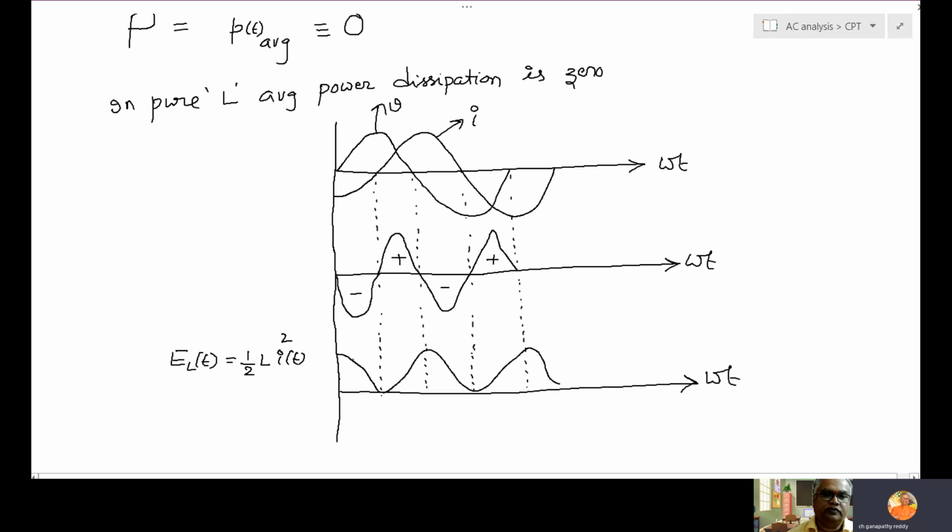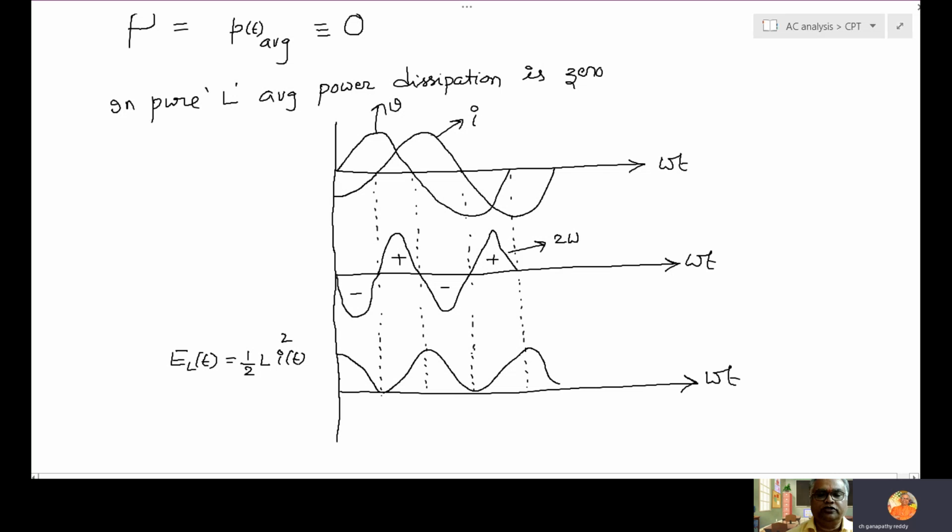Again it's like a sine wave. So energy in inductor varies sinusoidally. Power also varies sinusoidally, but this frequency is 2 omega, double the input signal frequency.